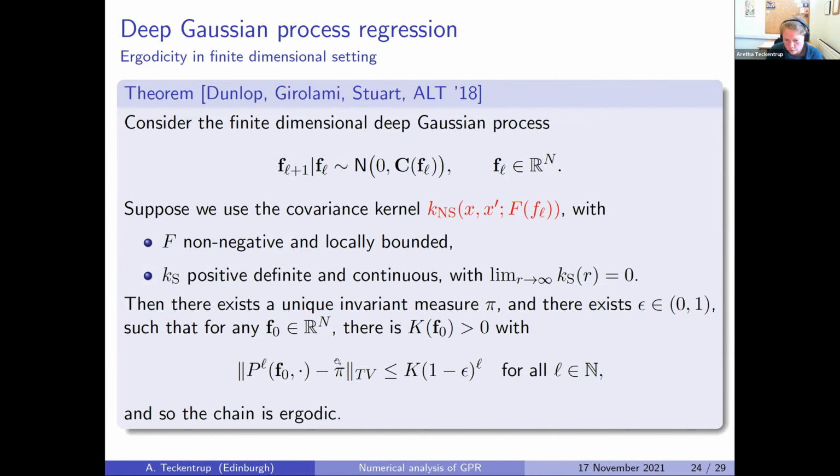So you can show that there is some invariant measure pi. We don't know exactly what it is, but there is some stationary measure pi such that the deep Gaussian process with L layers converges to this stationary distribution in the total variation norm.